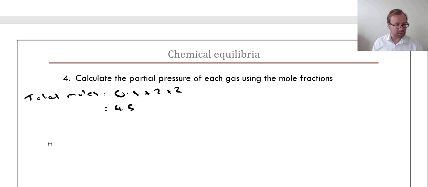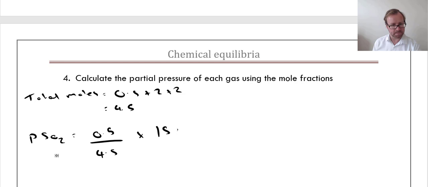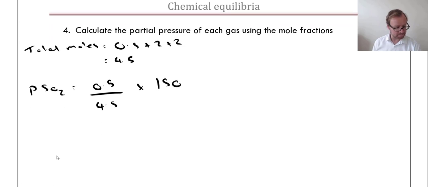So my partial pressure for SO2 is my amount of the gas, number of moles, over my total number of moles, times by total pressure, which is 150, giving me a value of 16.7.